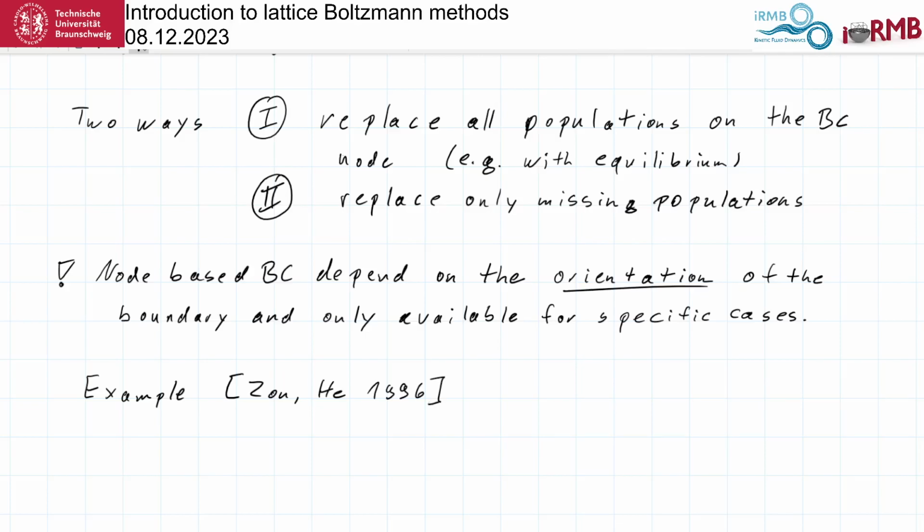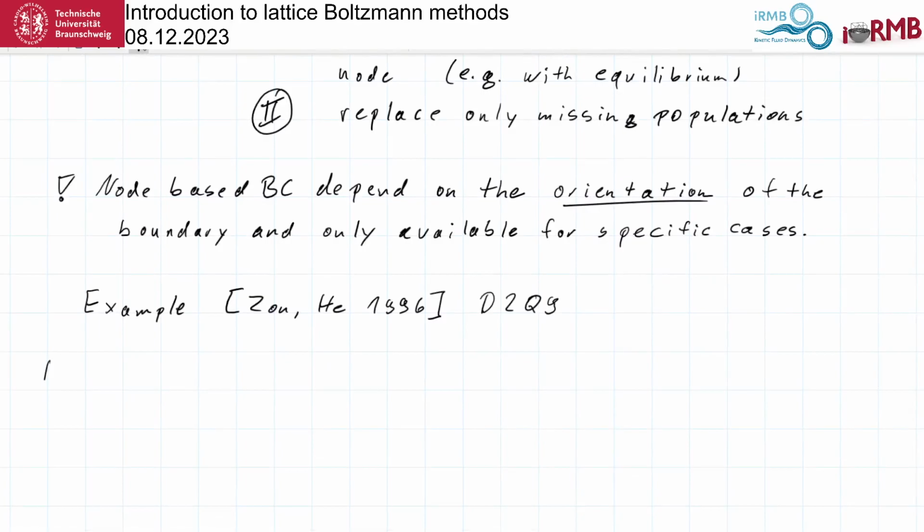Quite some time ago, almost 30 years ago, they invented this for the D2Q9 lattice. I have to warn you that this is not something that's really in use. But anyway, it is for didactical purposes.